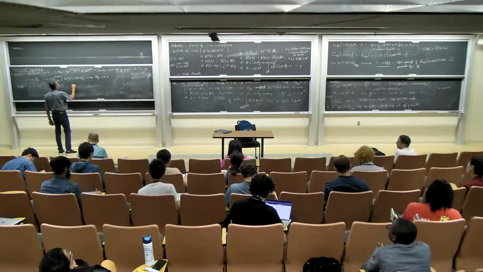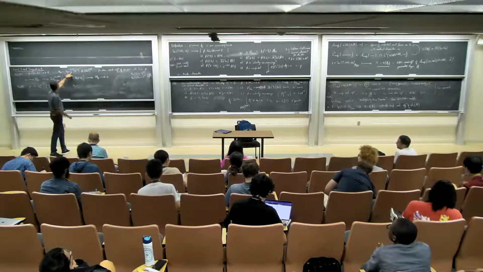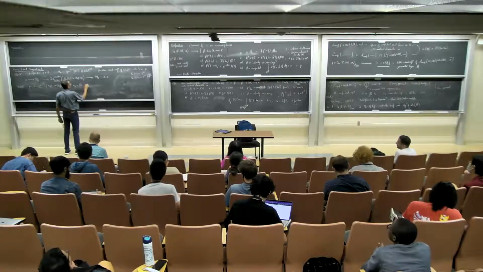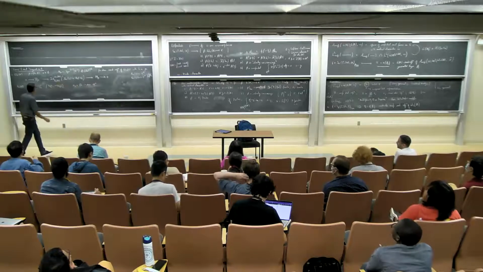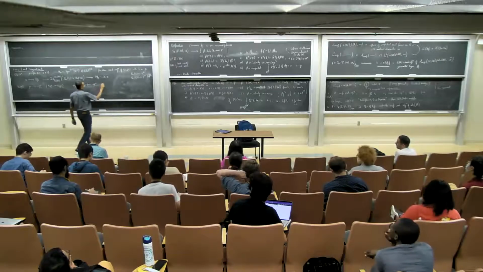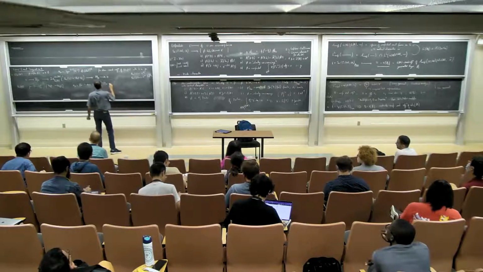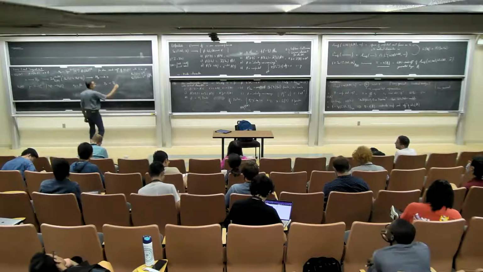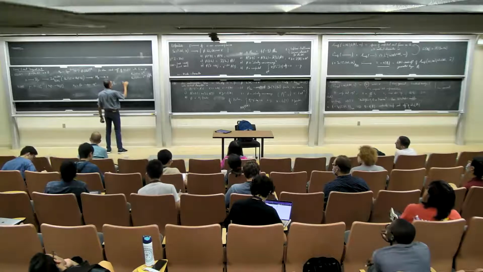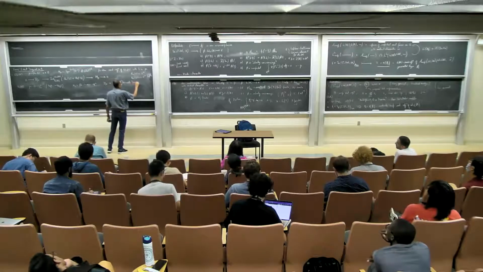Then this N_mu is k minus 1 dimensional, and this D_mu is, I'm going to denote this D_(k minus 1), the discrete series.